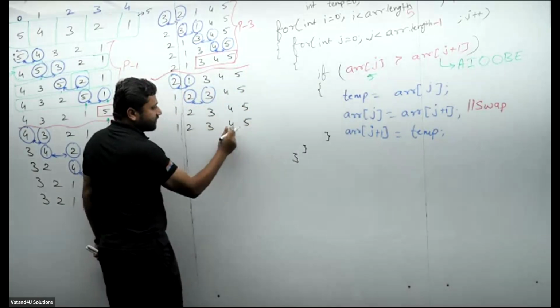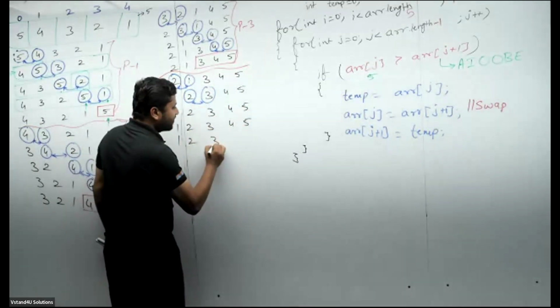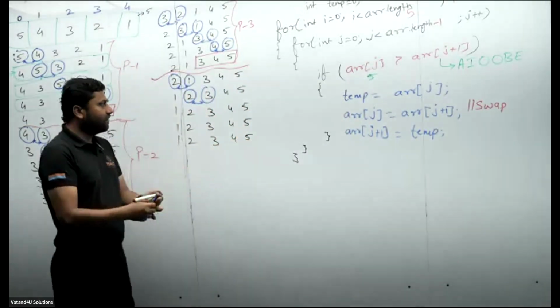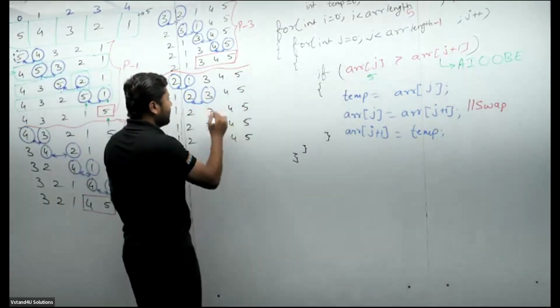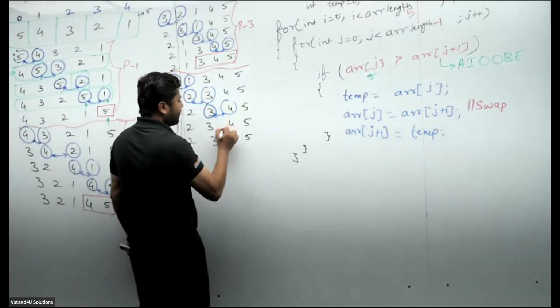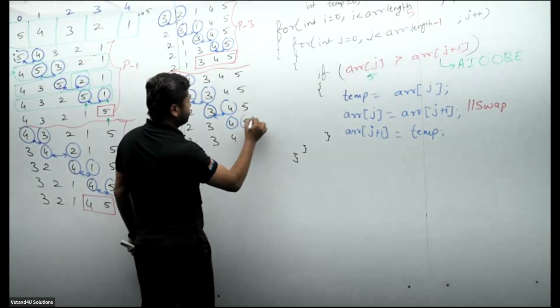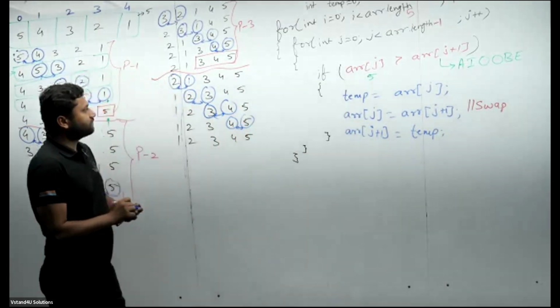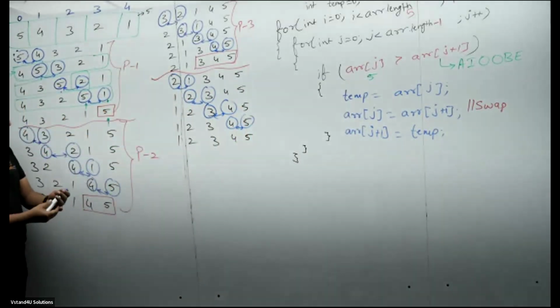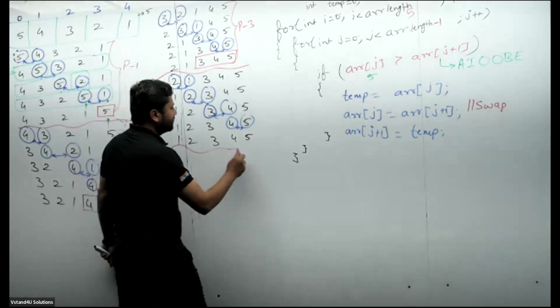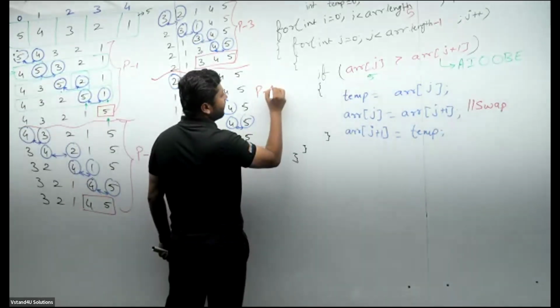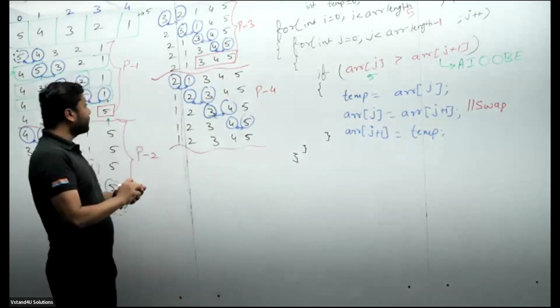Then 4 and 5 will be compared, swapping not required. No confusion till here, guys. This is the activity. So can I say one more pass is completed? Okay, sir, now pay attention.